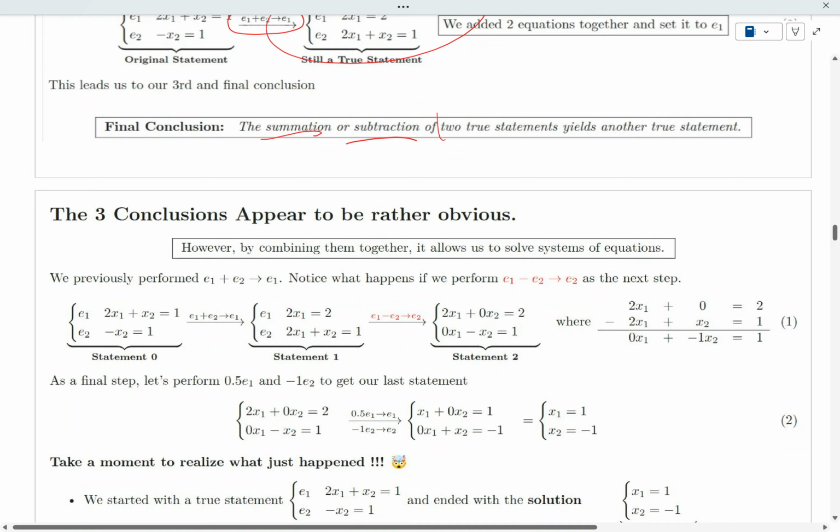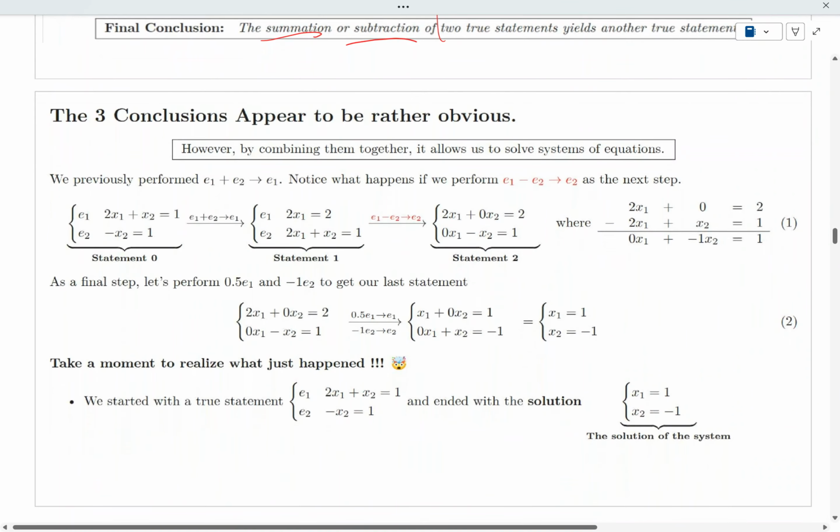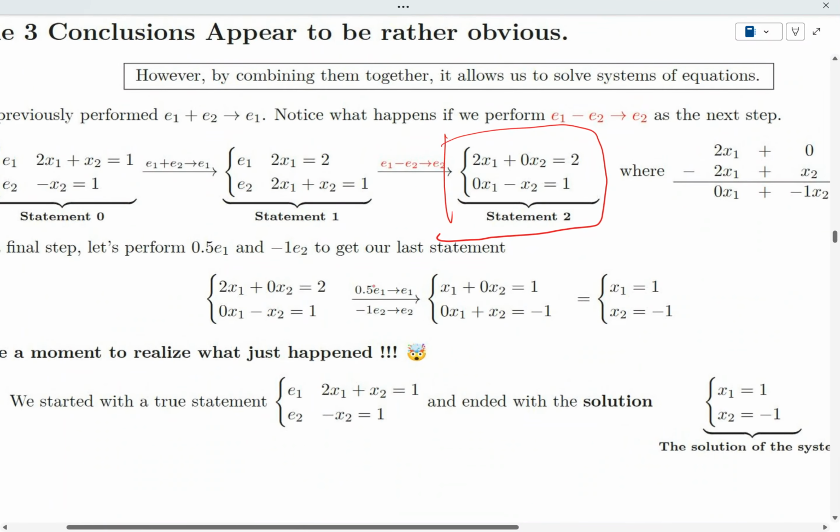Okay, so now as a final step, we now have this. What happens if we divide E1, the first equation, by 2, and set that to be the new E1? Then essentially we get x1 is equal to 1.